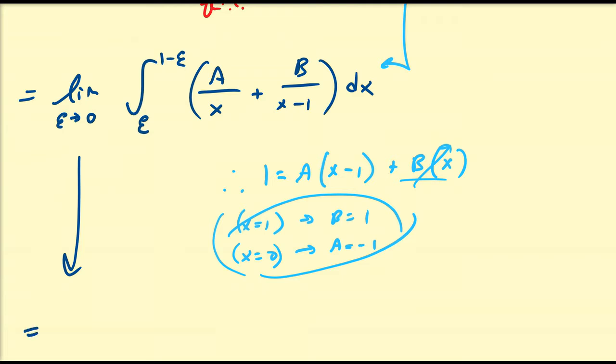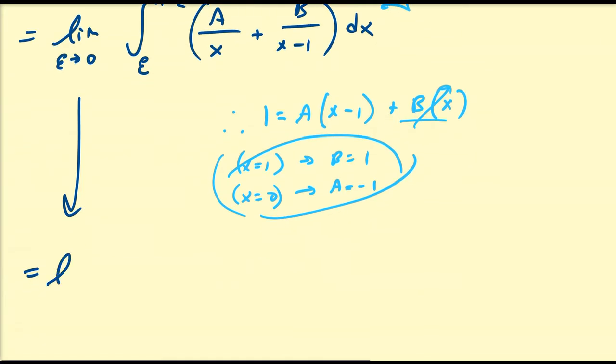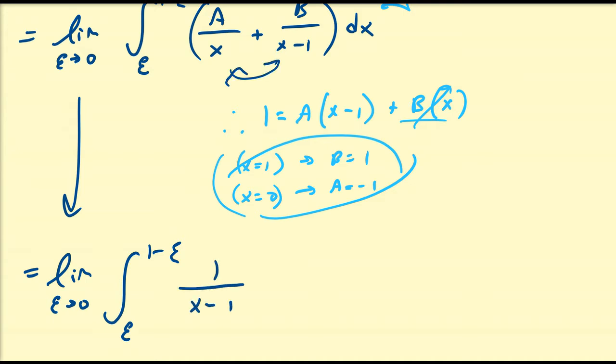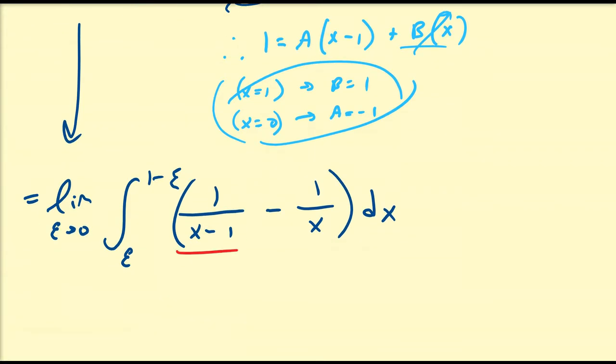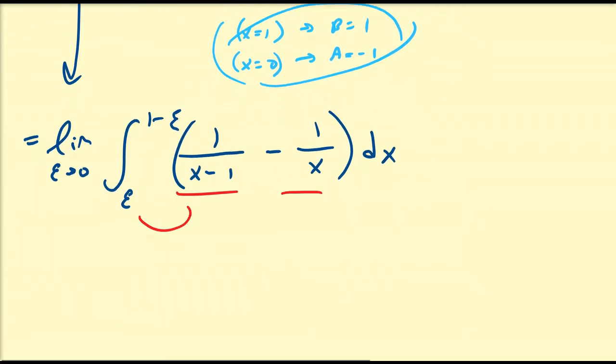So continuing on with our integral. This is going to be equal to the limit as epsilon goes to 0 of the integral from epsilon to 1 minus epsilon. Since a is negative, I'm going to reverse these two. I'm going to rewrite this as 1 divided by x minus 1, minus 1 divided by x, dx. I know the antiderivative of each of these functions, so I can distribute this integral over each of them.